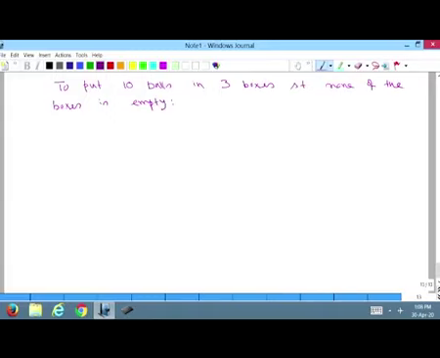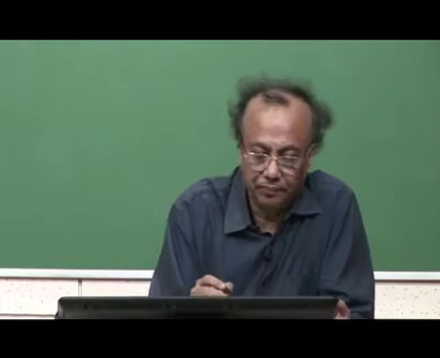So, how to do it? Consider these balls. Among these 10 balls, we have to put some in box 1, some in box 2 and some in box 3. So, how many ways can you do it? The solution to the problem is as follows.